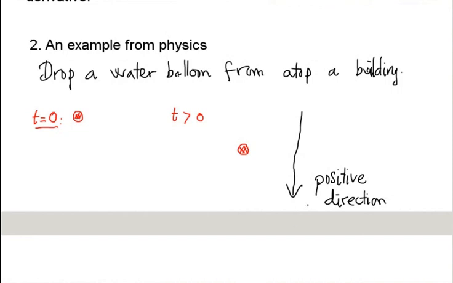So we always have gravity going downward, which I will denote by F sub g, and we know it's m times g, where m is the mass of the balloon and g is the gravitational acceleration.